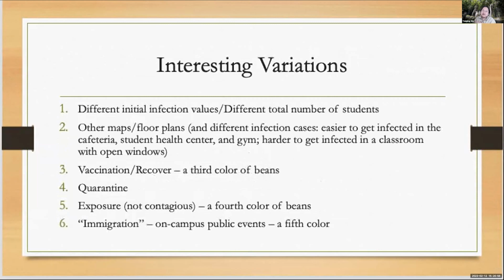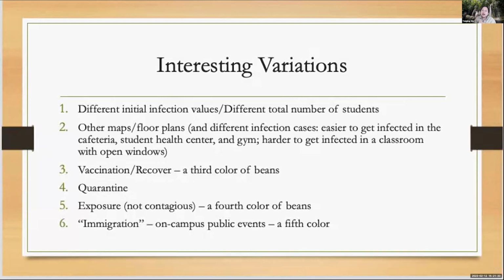So there are some interesting variations that can be easily implemented. For example, I mentioned, what about vaccination and recovery, right? What if some people are removed from the infected group very quickly? So we can have a third color, and then we can have people who get quarantined. If it's COVID, they're going to be removed from this population of 40 students. Or we can have different initial conditions, different sizes of beans and different sizes of the maps.